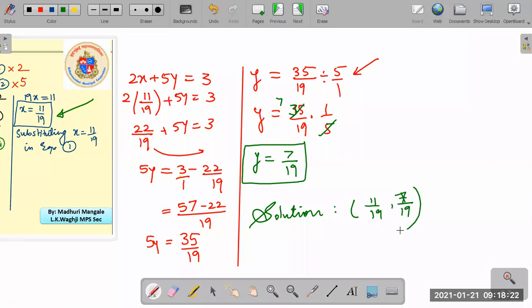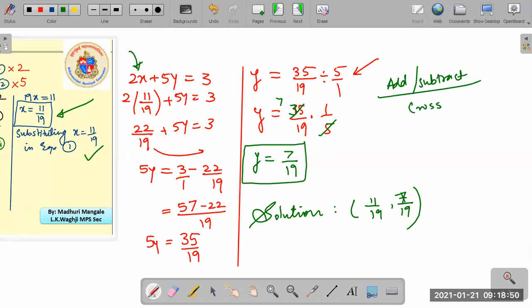That is your solution. Okay, remember the answer can be in fraction, it can be negative also, so no worries at all. But when you get an answer in fraction, be very careful when you are substituting it in any of the equation, because when you are working with operations on fractions, when you add or subtract, make sure you cross multiply.